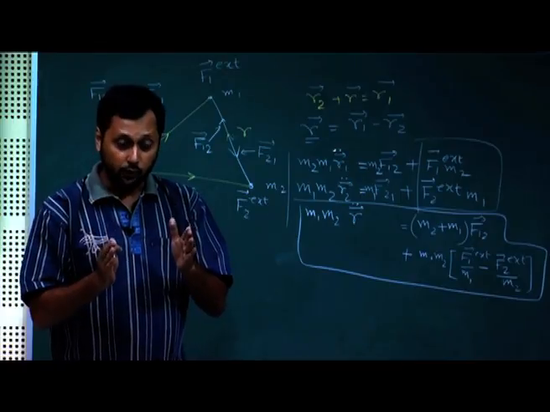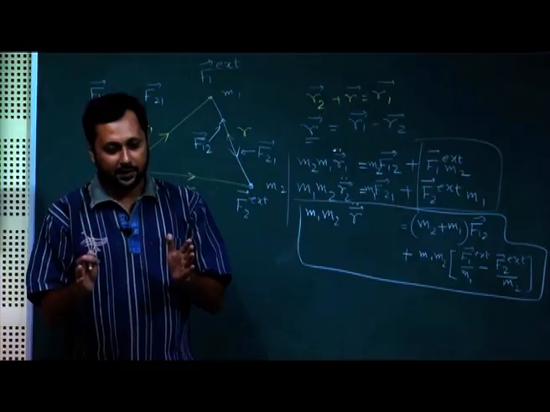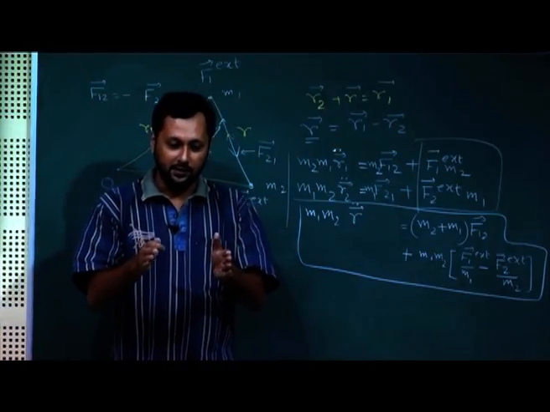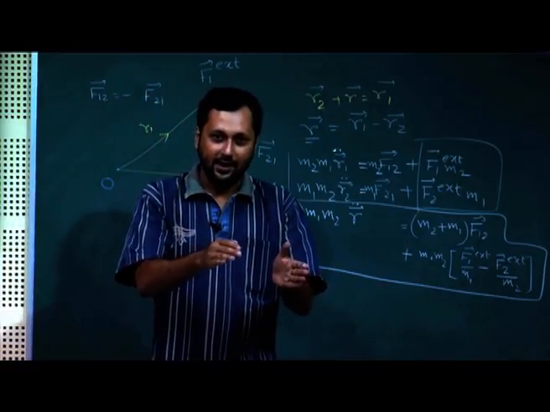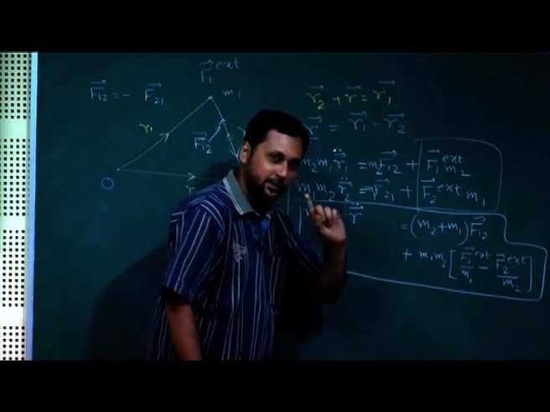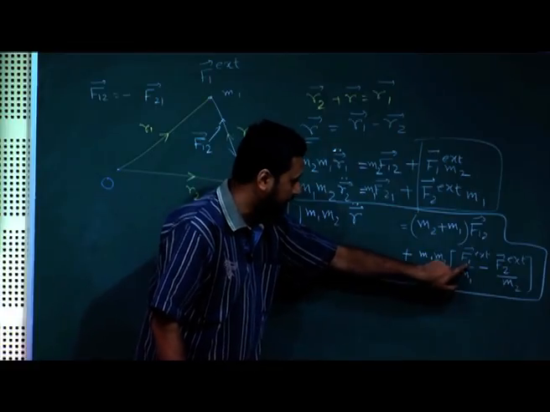Assuming that the net effect of all this force combined on this two body system is that both the masses are accelerated equally, then F1 external by m1 is the acceleration. Please understand this. F1 external by m1 is the acceleration of mass m1 due to this external force.